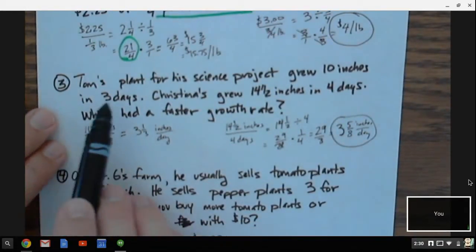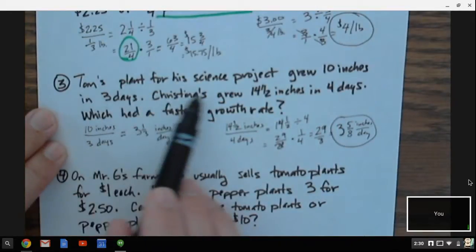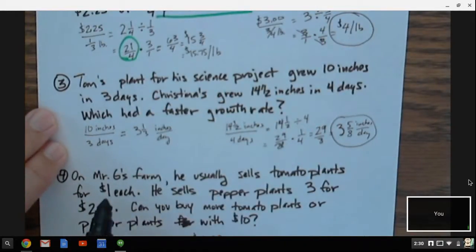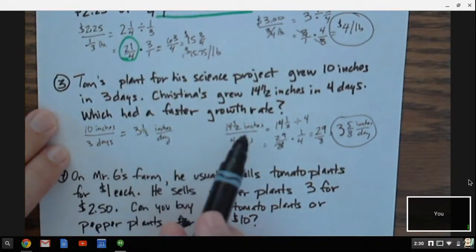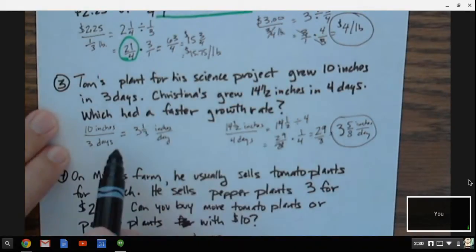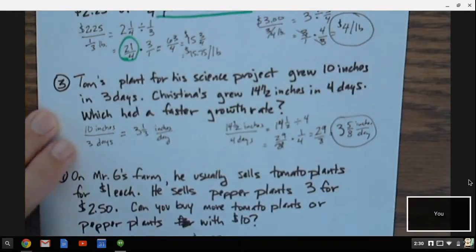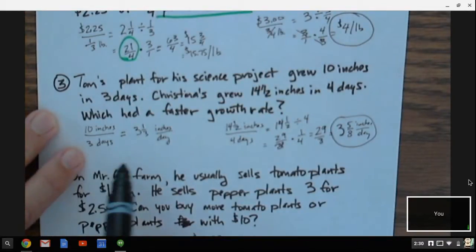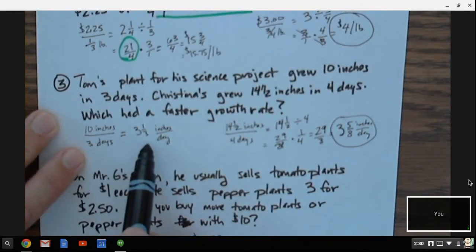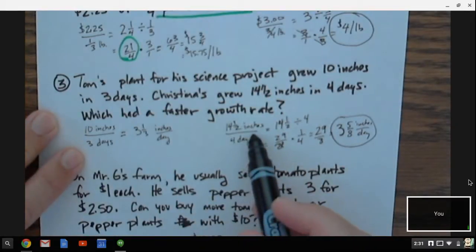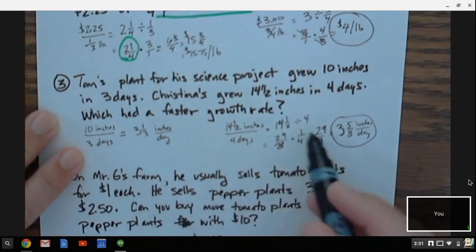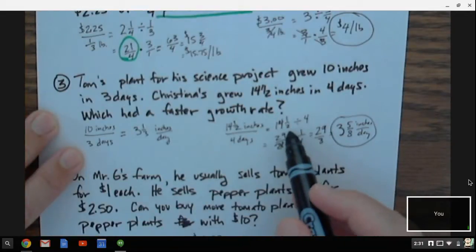His third problem. Tom's plant for his science project grew 10 inches in 3 days. Christina's grew 14.5 inches in 4 days. Which had a faster growth rate? So the student said 10 inches divided by 3 days, got 3 1/3 inches per day. 14.5 inches divided by 4 days, again, same as before.